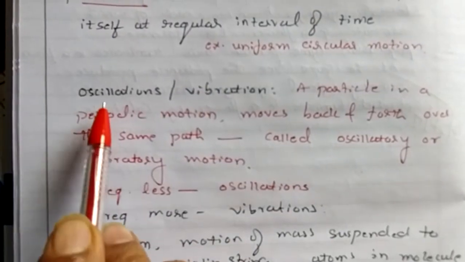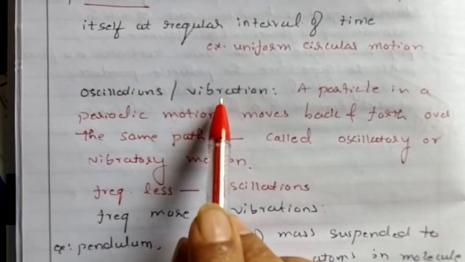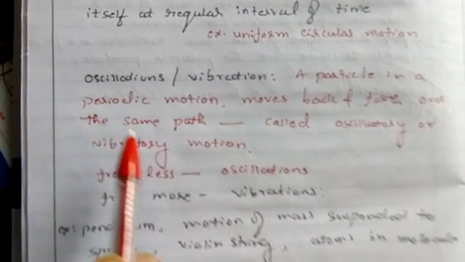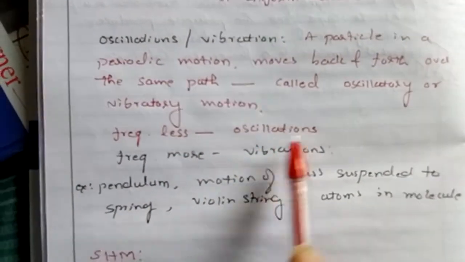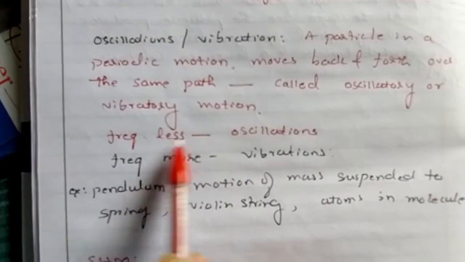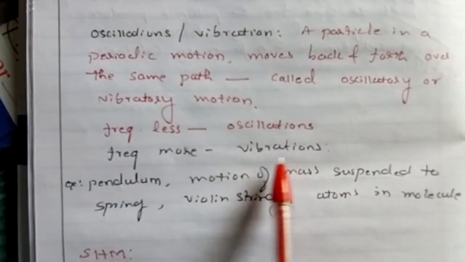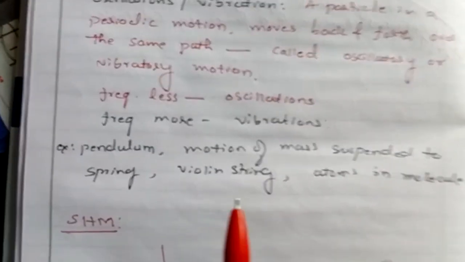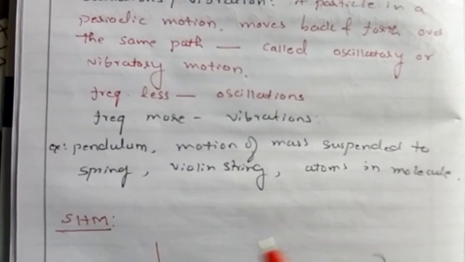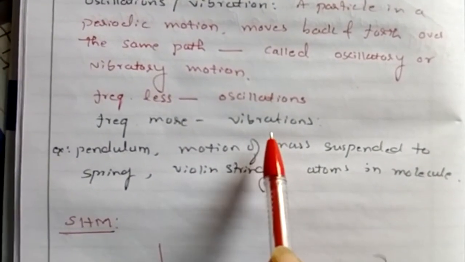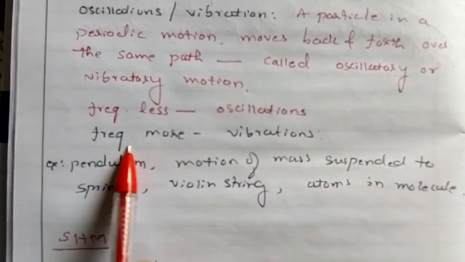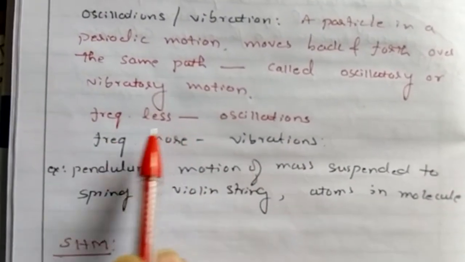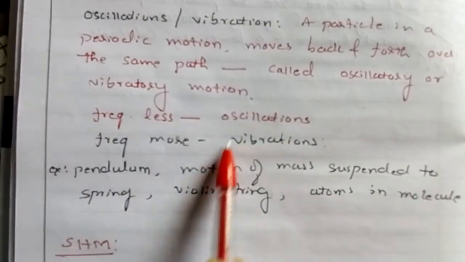When you use the word oscillation or the word vibration, the meaning is the same. When the frequency is less, it's called oscillation, for example a simple pendulum. If the frequency is more, then it is called vibration. For example, the string of a guitar or violin, or the vibration of atoms in molecules comes under vibration.